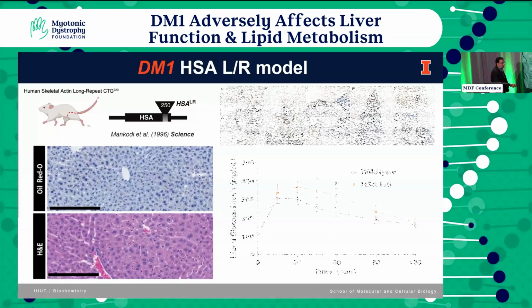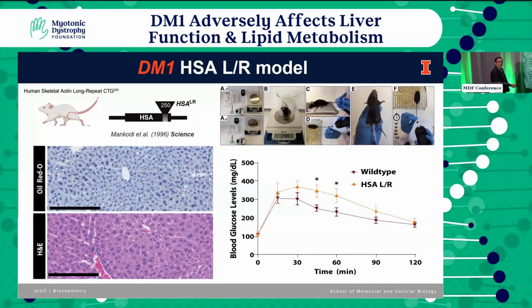Although when we performed GTT analysis, the HSA-LR mice showed significant glucose intolerance, which is another symptom of DM1, driven perhaps by insufficient insulin receptor signaling and also glucose uptake by the muscle. So these data suggest that the DM1-related dysfunctions in the liver might be originating in the DM1 liver itself.